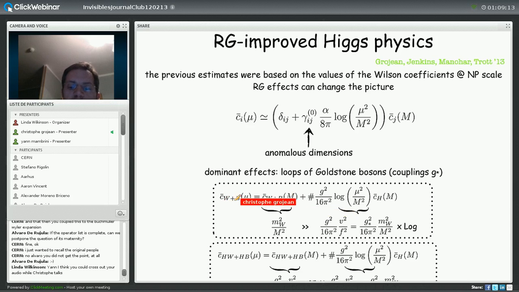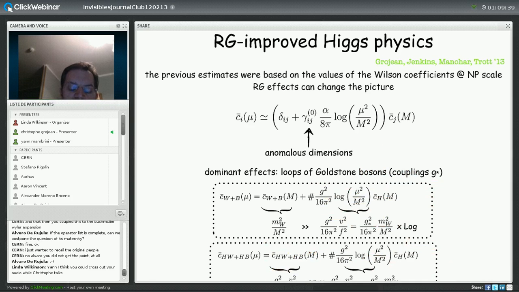So for instance, you can look at the mixing of the CH operator into CW plus CB, which is just the S of the oblique parameters. Here at tree level, you have a contribution that scales like the mass of the W divided by the mass scale of new physics squared. And indeed, this is always larger than the loop contribution, because here you have a loop suppression factor.